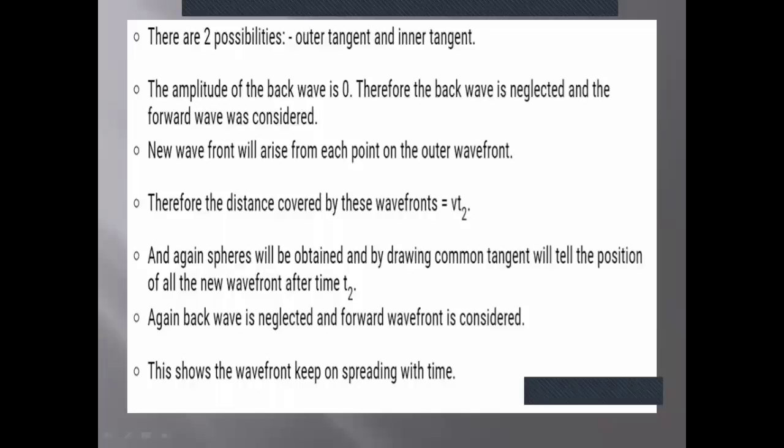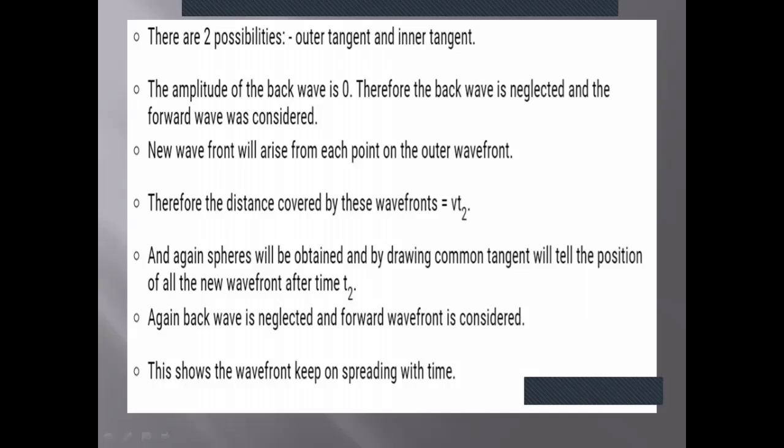There are two possibilities. What are the two possibilities? Outer tangent and inner tangent. As I have already told you, the amplitude of the backside wave is 0. Therefore, the back wave is neglected and only the forward wave is considered. The new wavefront will arise from each point on the outer wavefront.